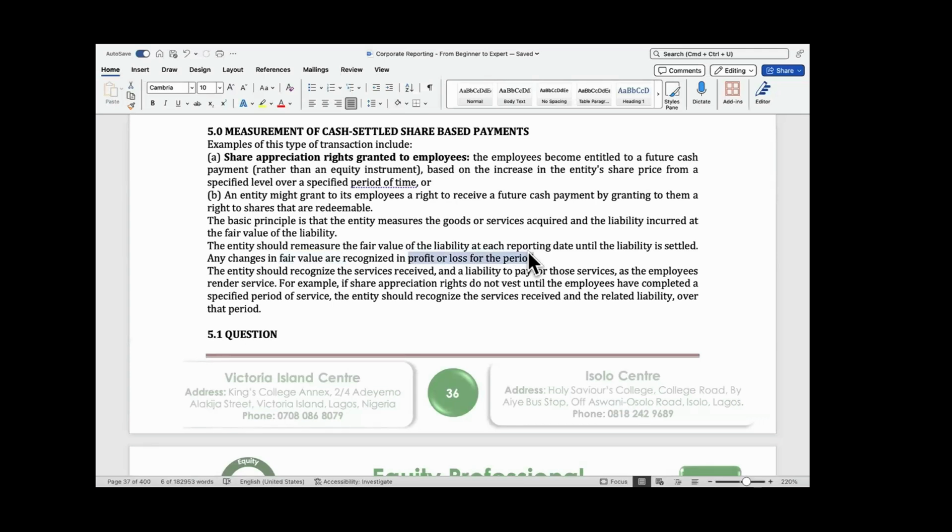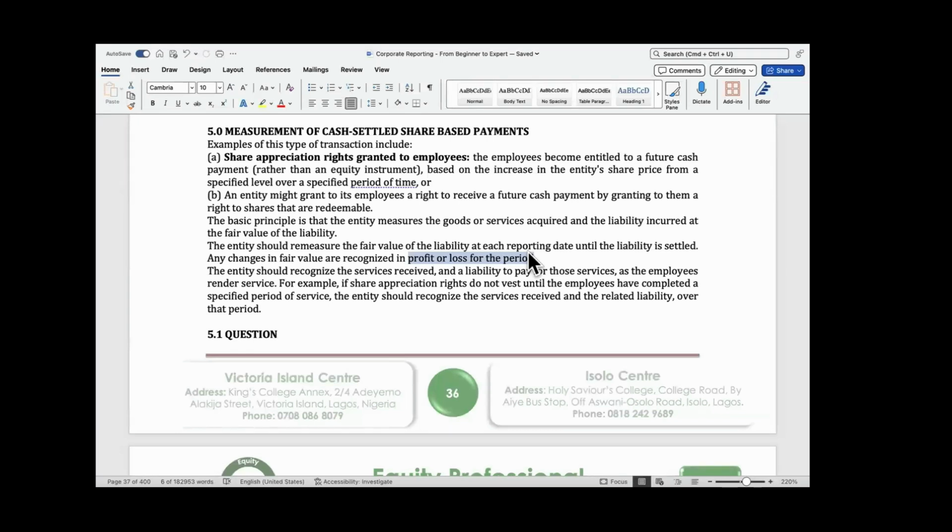That is the only difference between equity settled and cash settled. While equity settled is measured at the fair value of the option at the grant date, which is the day they issue that option, cash settled is measured at each reporting date, at the end of the year. That is the only difference here.